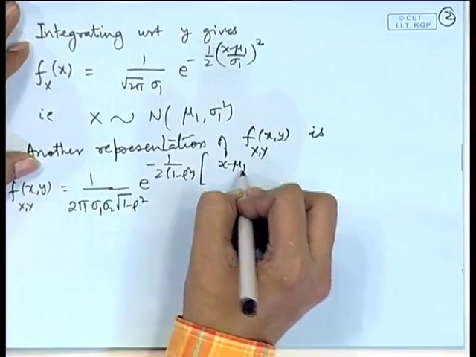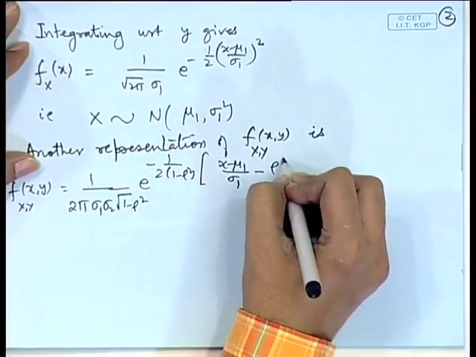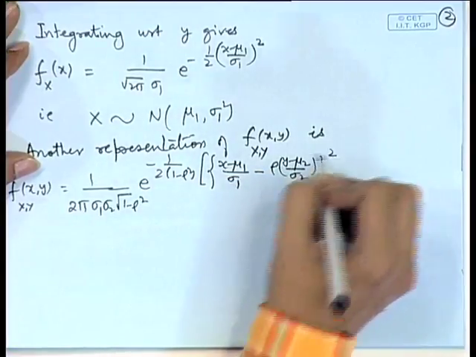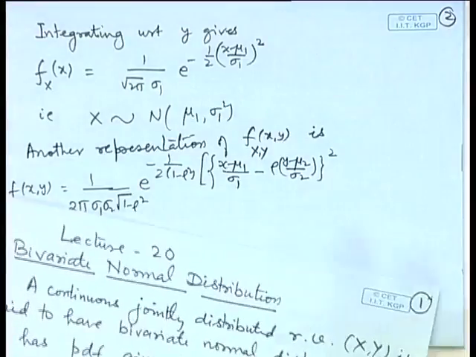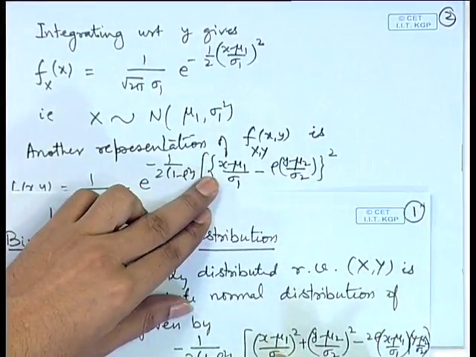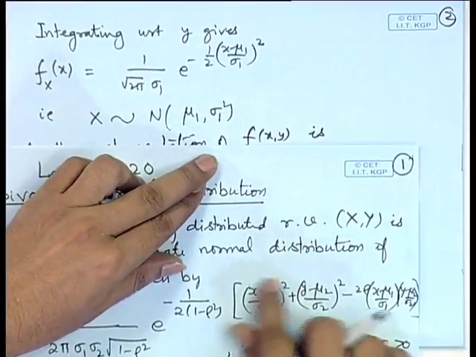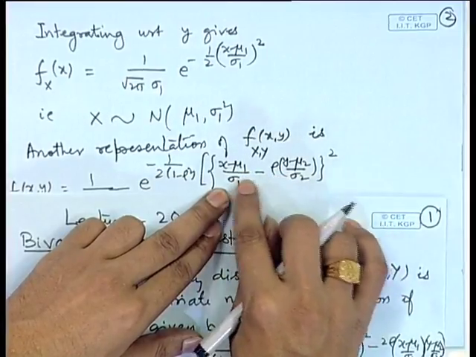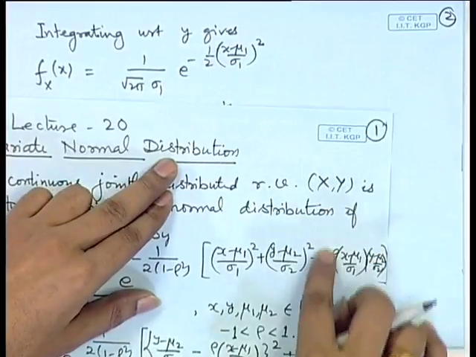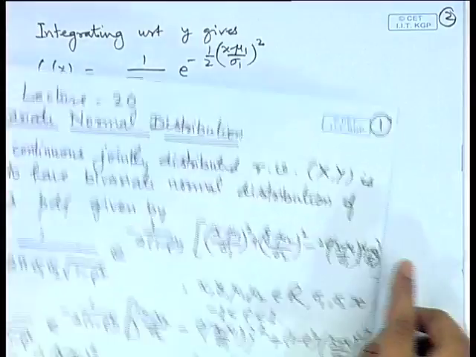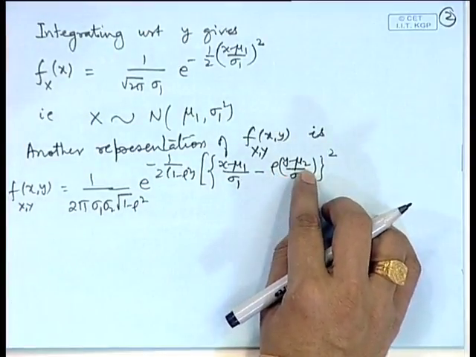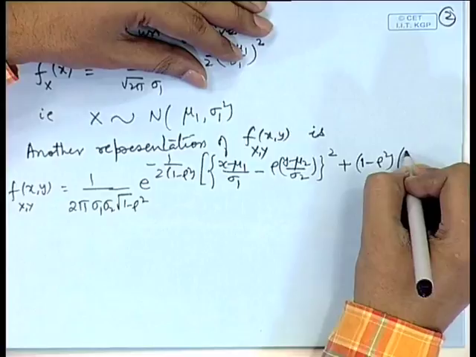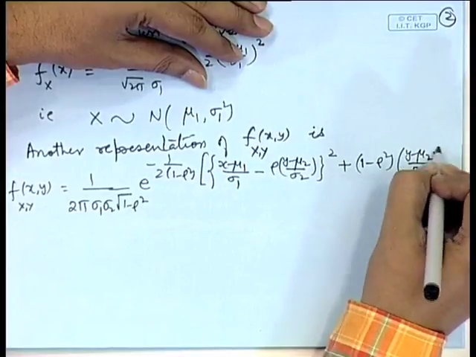So, ((x minus mu 1) by sigma 1 minus rho (y minus mu 2) by sigma 2) whole square. Comparing with the joint density, we can see that ((x minus mu 1) by sigma 1) whole square is coming here, and the cross product term is minus 2 rho ((x minus mu 1) by sigma 1)((y minus mu 2) by sigma 2), which is the term appearing here. So, we have added the term rho square ((y minus mu 2) by sigma 2) square. Subtracting this, we get (1 minus rho square)((y minus mu 2) by sigma 2) whole square.